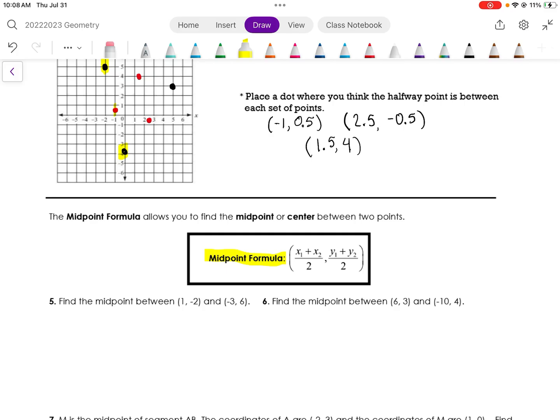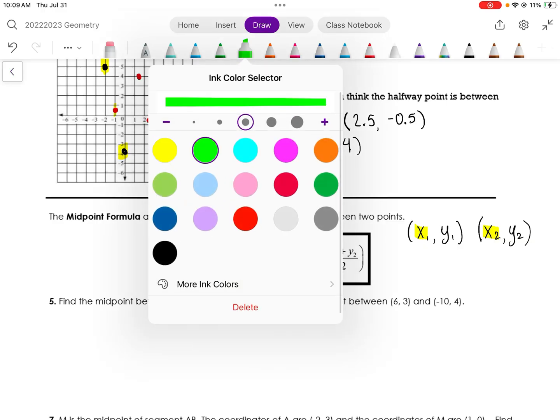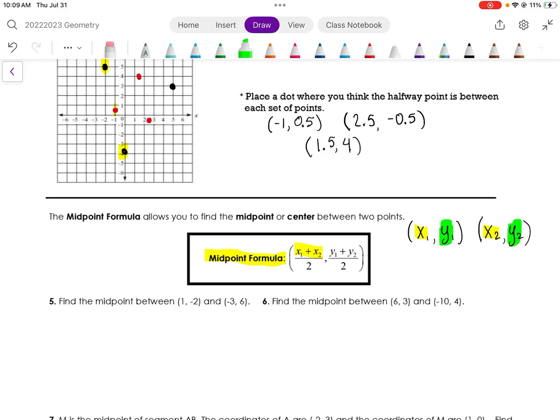So if I want to find what's in the middle of 2 coordinate points, let's say I have x1, y1 as my first point, and x2, y2, and I'm finding the middle. What you do is you take your 2 x values and you add them together, and you divide by 2, that finds the middle. And then you take your 2 y values, add them together, and divide by 2, and that tells you what's in the middle.